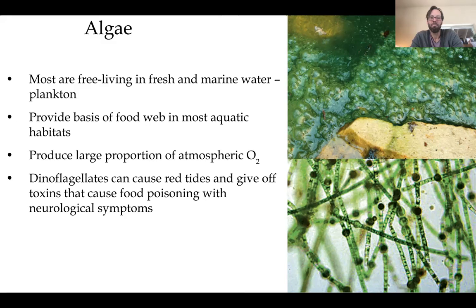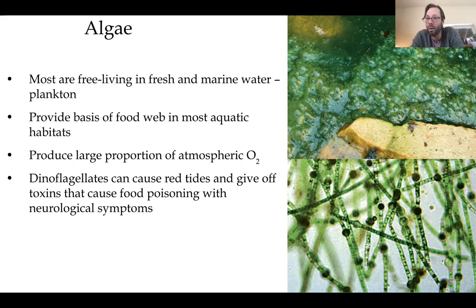Now, when algae goes wrong is when you have these red tides, which you guys have probably heard of, that happen along the coasts in certain regions. And primarily these are going to be dinoflagellates.